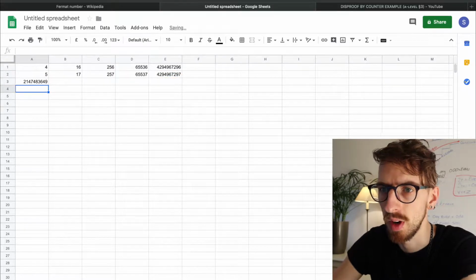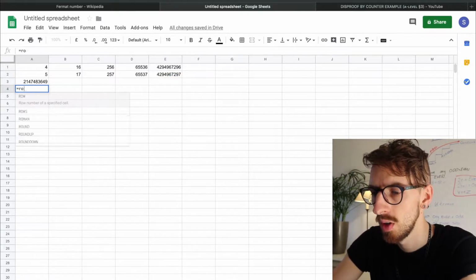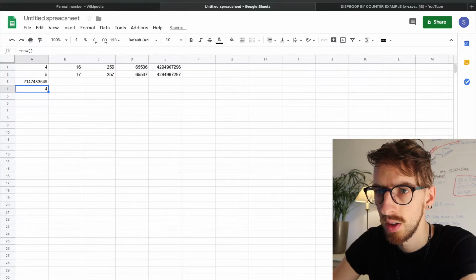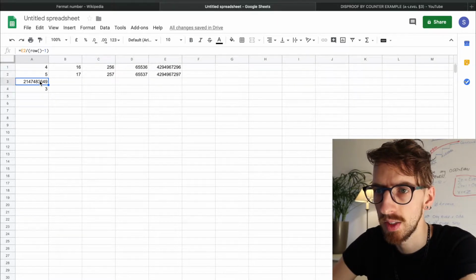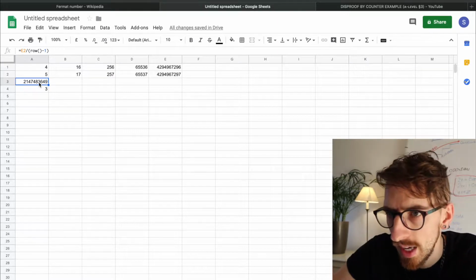I think that's right. Let's just check. Equals row. That's 4. Minus 1 is 3.